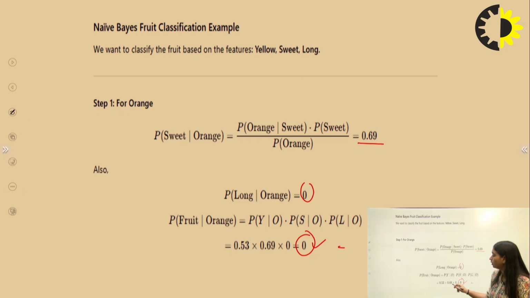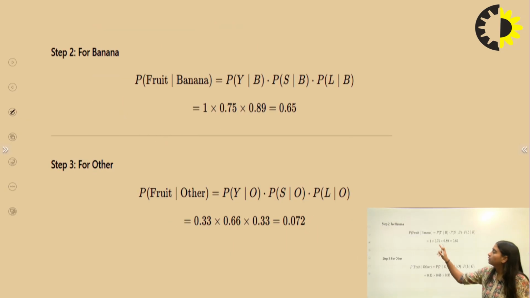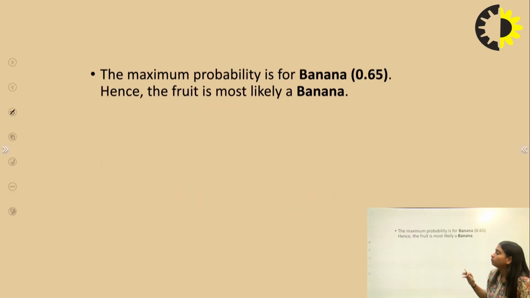You will multiply all these values and you'll get 0 as the answer. As the second step, you will repeat the same steps for the banana fruit and for the third category, the other. After the computation, the conclusion is that the maximum probability is for banana. So banana has the highest probability of being yellow in color, long in size and sweet in flavor.